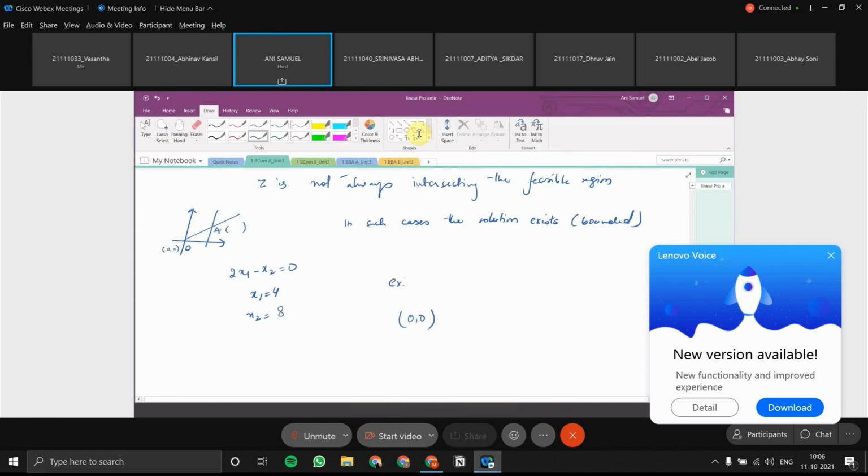This is my extreme region that we used to take in the bounded portions, and 4, 8. Check for z. What is the value of z when it is 0, 0? It is 0 only, if I'm not wrong. And how about 4, 8? What is the value when it is 4, 8?